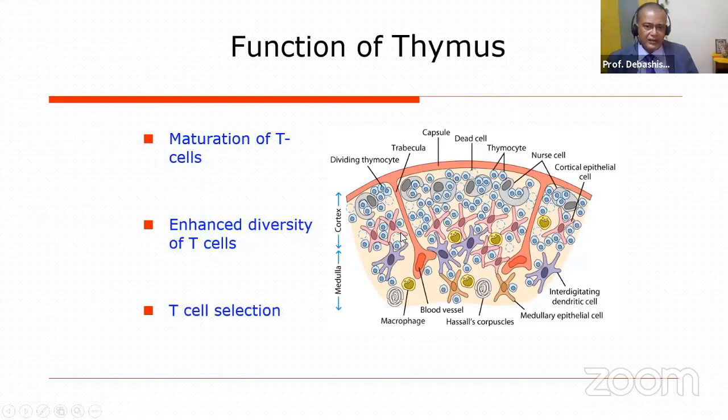In the medulla we have the macrophages, we have the Hassall's corpuscles, and we have interdigitating dendritic cells, and the thymus predominantly helps in maturation of T cells, enhancing the diversity of T cells and T cell selection.